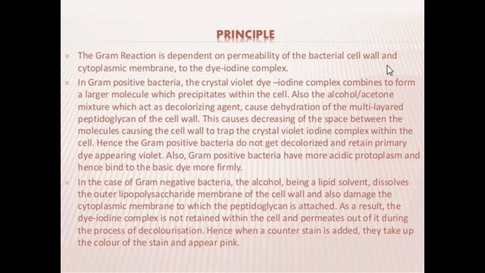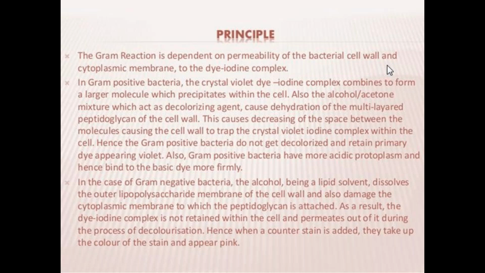The lipid component is more in gram negative bacteria, and that causes the primary stains which are used for the gram stain to be decolorized by the decolorizing agent. Hence it takes up the counter stain at the secondary stage, appearing as the secondary counter stain color.